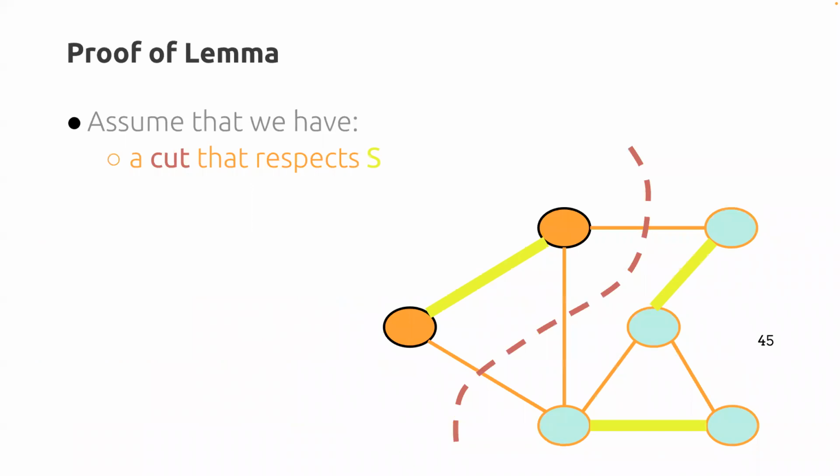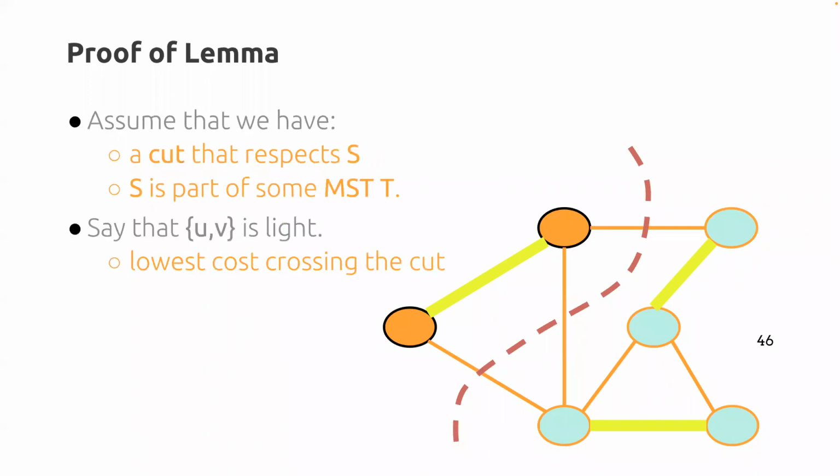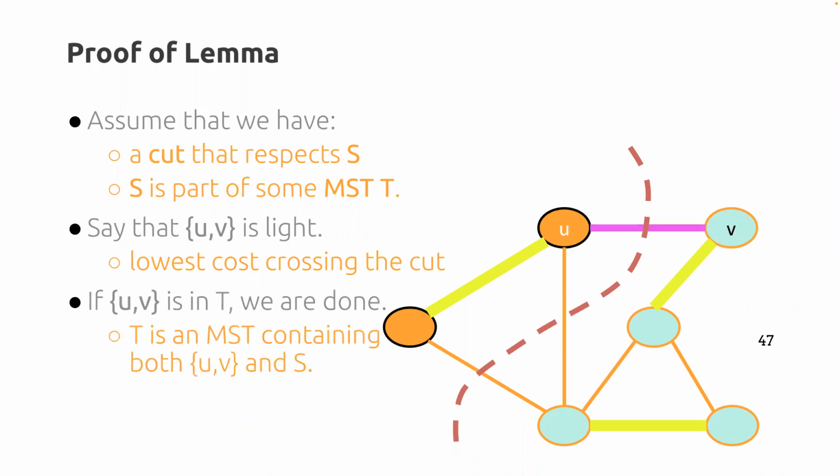Okay. So here's the proof of the lemma. Assume that we have a cut that respects S. Assume that S is part of some MST. So these are all the assumptions that we made. Say that UV is light, so it is the one that has the lowest cost crossing the cut, right?